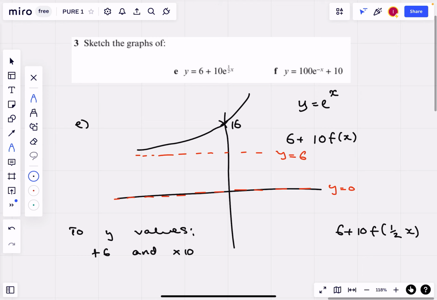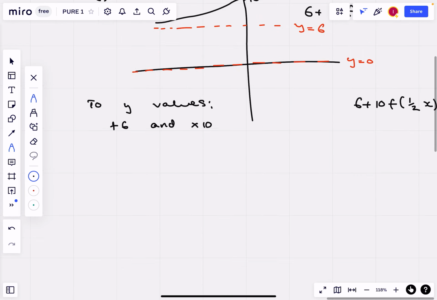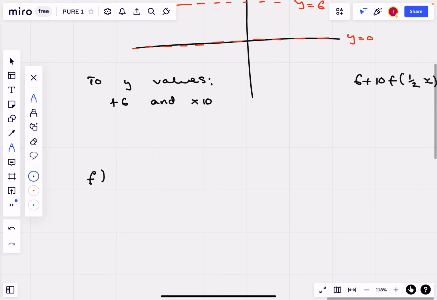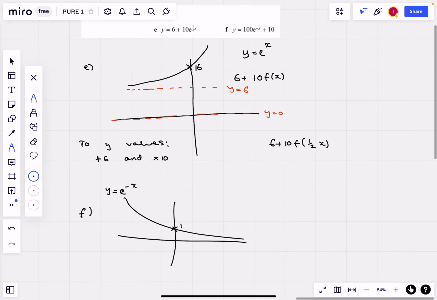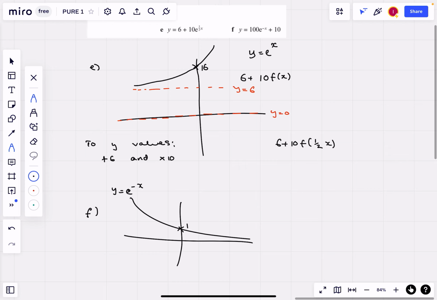So we got y equals 100e to the minus x plus 10. Okay, so if e to the x looks like this, e to the minus x will look like that. But that point is still 1. Now, what are we doing to the y values?